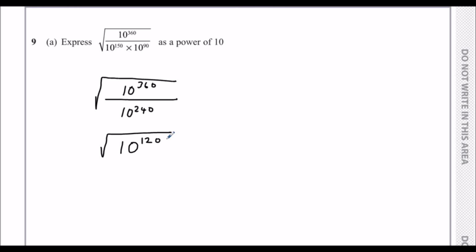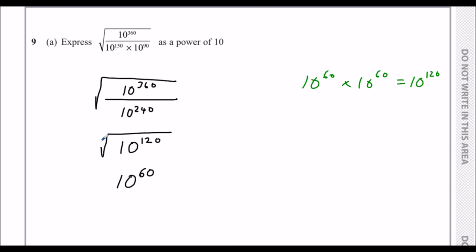What number times itself makes 10 to the power of 120? That's 10 to the power of 60. 10 to the power of 60 times 10 to the power of 60 is 10 to the power of 120.